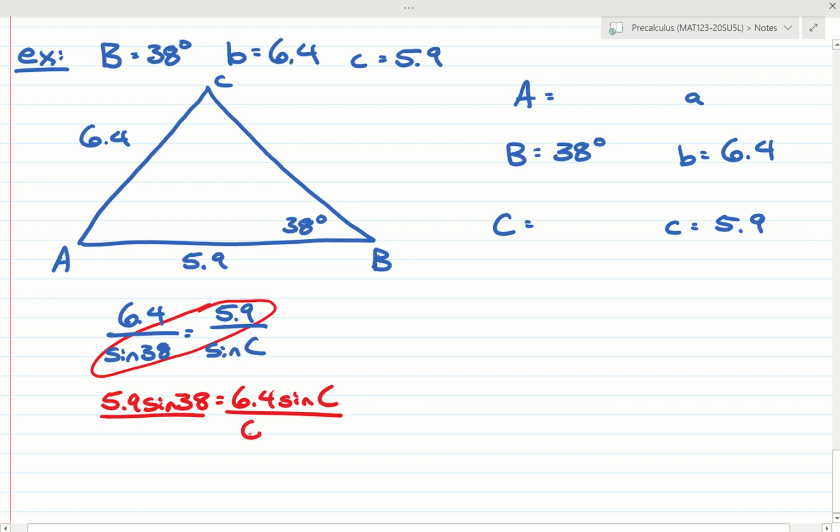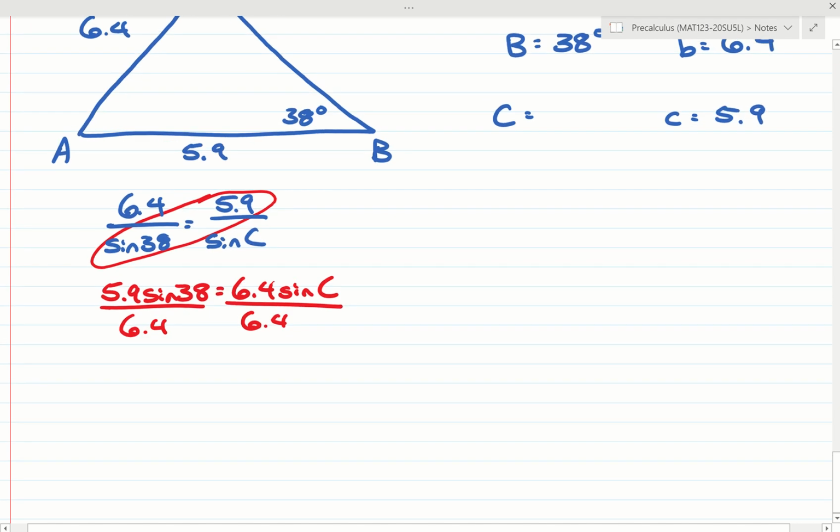Divide both sides by 6.4. And inverse trig is very sensitive, so let's not round yet. I'm going to type in 5.9 times the sine of 38, and I'm going to divide that answer by 6.4. And my calculator is telling me it's 0.5675 whatever.